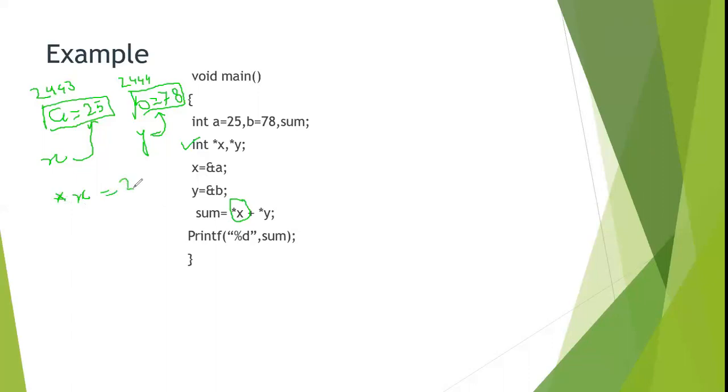Yes, it is 25. What is the value returned by pointer y? It will be 78. So what I have to do? I have to do sum is equals to pointer x plus pointer y. So what will be the output here? It's 103. So then I print the sum. It is 103. I hope it's clear to all.